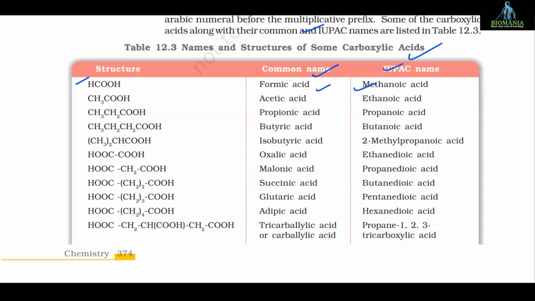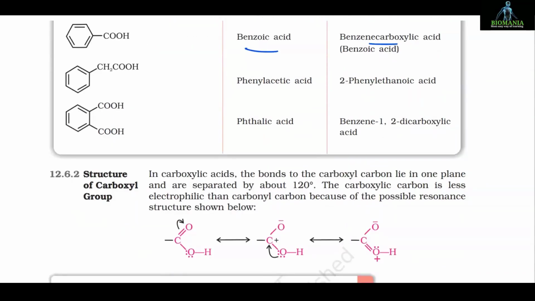Formic acid, methanoic acid; acetic acid, ethanoic acid; propionic acid, propanoic acid; butyric acid, butanoic acid; isobutyric acid, 2-methylpropanoic acid; oxalic acid, ethanedioic acid; malonic acid, propanedioic acid; succinic acid, butanedioic acid; glutaric acid, pentanedioic acid; adipic acid, hexanedioic acid; tricarballylic acid, that is propane-1,2,3-tricarboxylic acid; benzoic acid, benzenecarboxylic acid; phenylacetic acid, 2-phenylethanoic acid; phthalic acid, benzene-1,2-dicarboxylic acid.